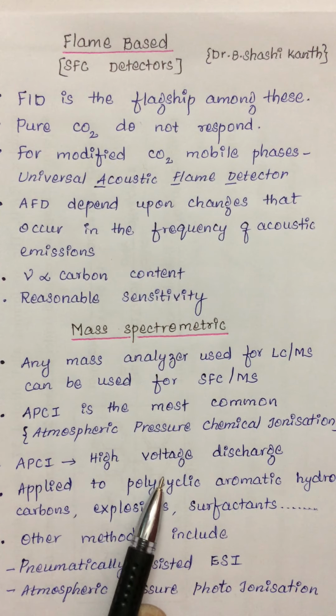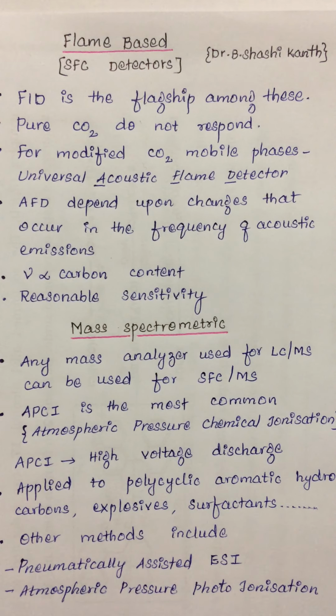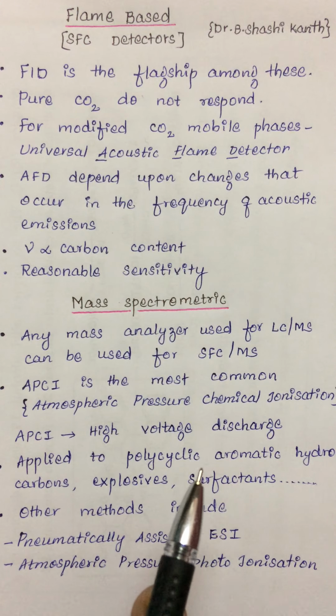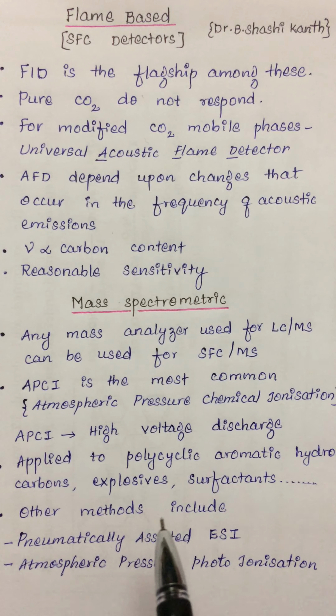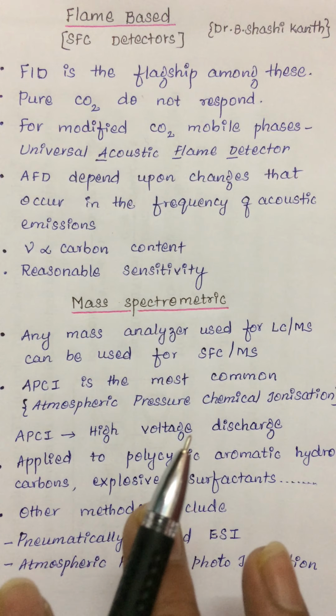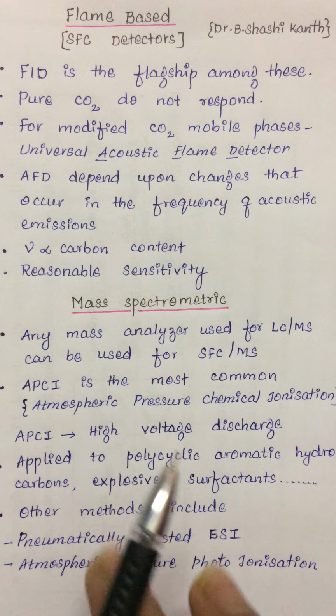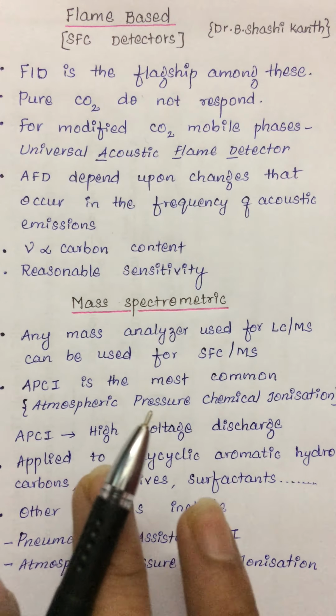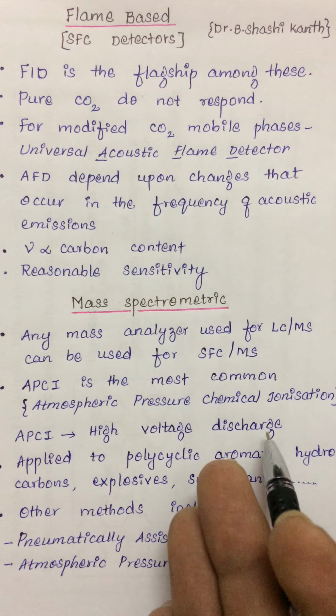In this technique, we may also use some modifiers. Methanol is usually added as a mobile phase modifier, but whenever it is added, it can also act as the source of reagent ions to ionize the analytes.